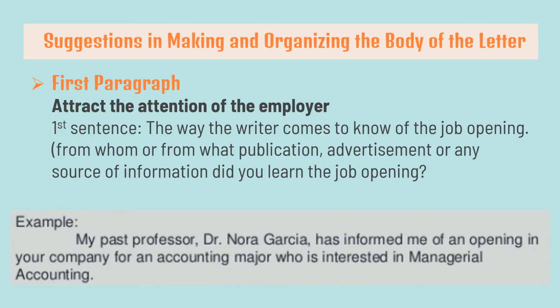The first paragraph attracts the attention of the employer. So in the first sentence, you are free to write the way you came to know of the job opening: where did you get the information of the job vacancy, from whom, from what publication, advertisement, or any source of information did you learn of the job opening.